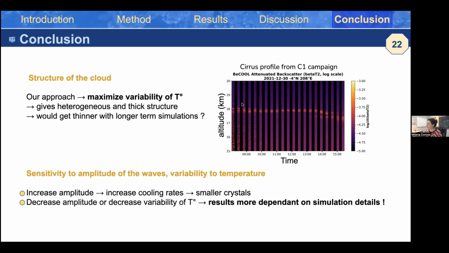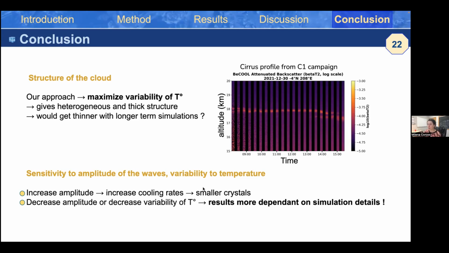So for example, I'm showing on this slide a profile from an instrument that we were carrying on the balloons, a backscatter LiDAR, and that gives us very nice profiles of the cirrus. And we can see that these profiles are very narrow when we had a very fixed structure. So we think that if we were running our simulations on longer time, we might achieve these narrower structures.